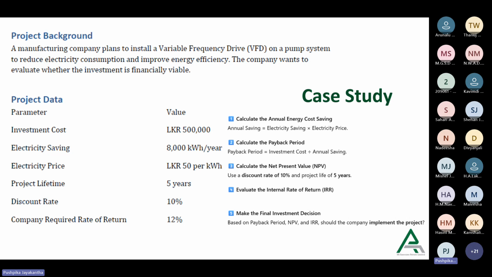Okay, we got feedback: annual saving 400,000 rupees, payback period 1.25. Okay, correct. Go ahead.